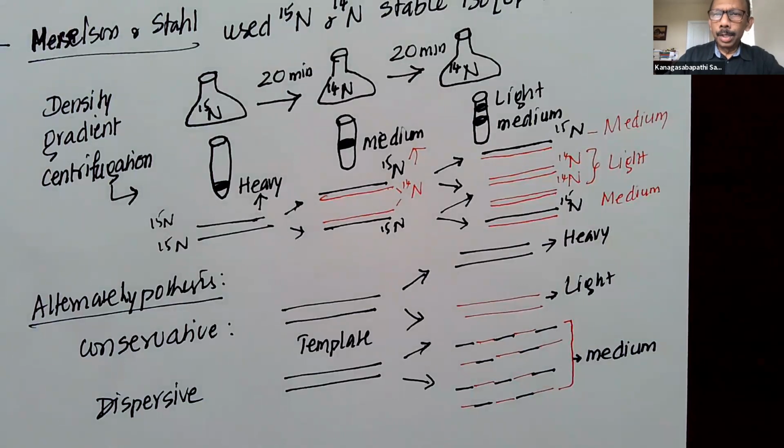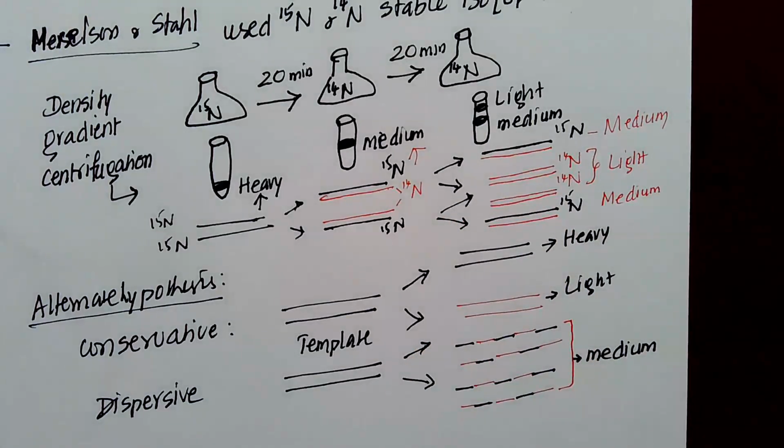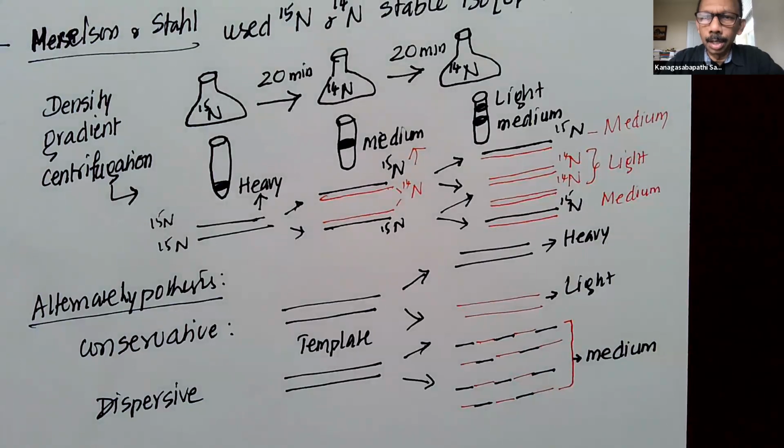So the question to you is how this dispersive mode would look in the third generation or third sample. What do you expect to see in this sample if it is a dispersive mode? Anyone? It's on the paper.